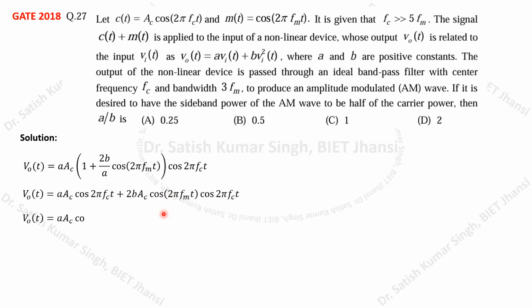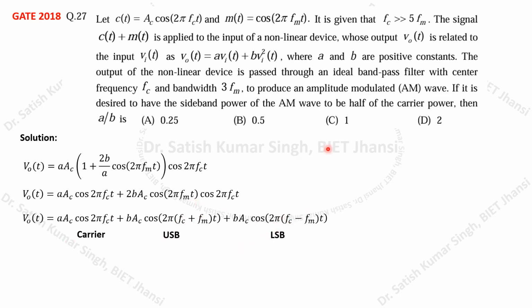If you further expand this expression, we are going to get the upper sideband and the lower sideband. Here we just use the 2 cos A cos B formula, and by that we get this particular equation. This is your carrier part, this is your upper sideband, and this is your lower sideband.